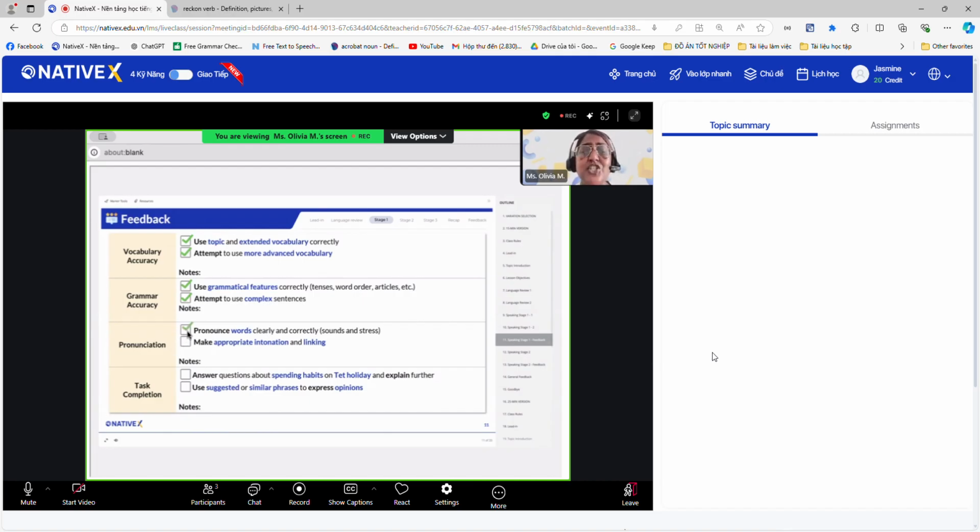Your pronunciation, you were able to pronounce your words clearly and correctly and make appropriate intonation and linking. And of course, you were able to complete all of your tasks about spending habits on Tet Holiday using the suggested structures that I had on screen for you. Very well done. Thank you so far for sharing with me about your spending habits, right? What you spend extravagantly on.